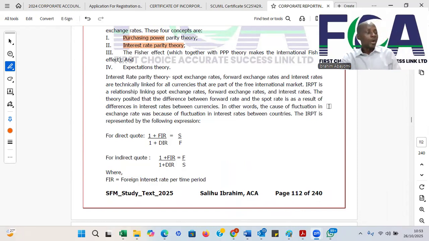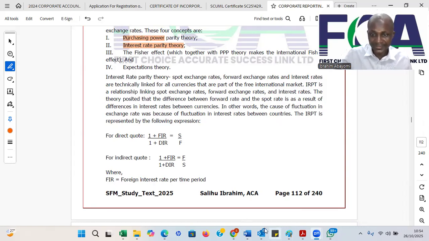Normally, the theory is saying exchange rate between two countries is expected to be the same. The only factor that will make the exchange rate of two countries not to be the same is their interest rate. That is what can make the exchange rate not to be the same.